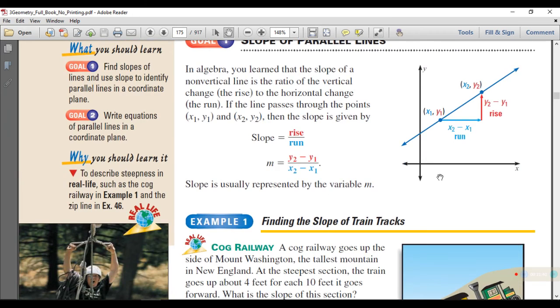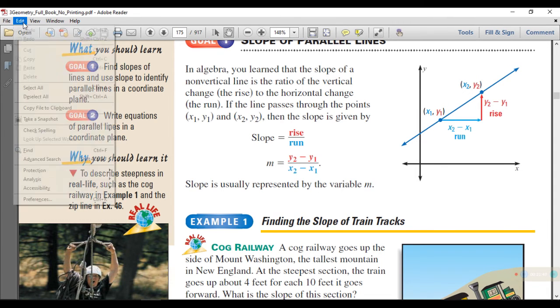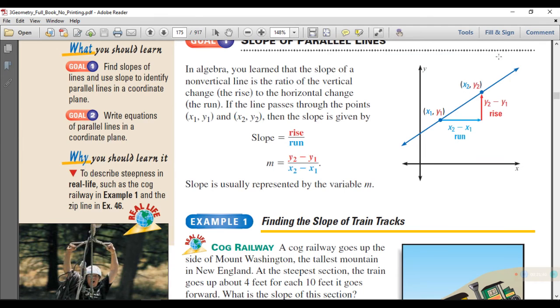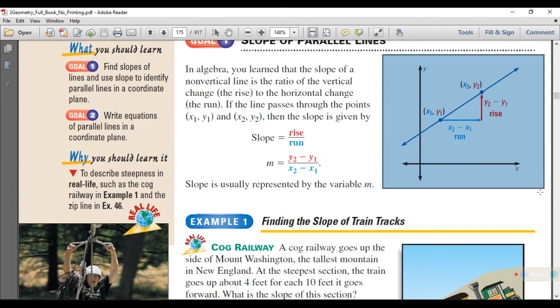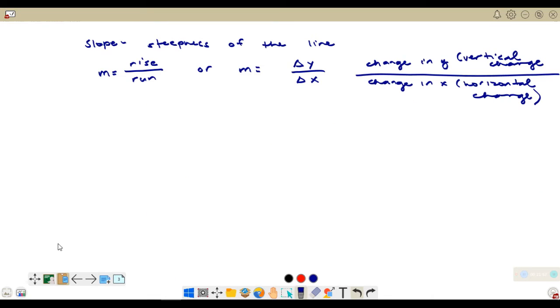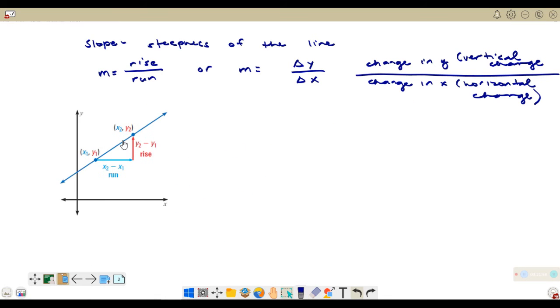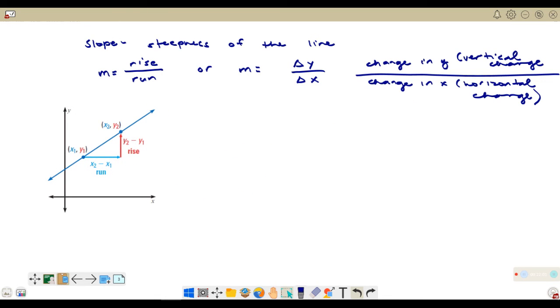So how are we going to compute for the horizontal change and the vertical change? We have here a formula. Copy natin dito yung figure so we can elaborate it better.